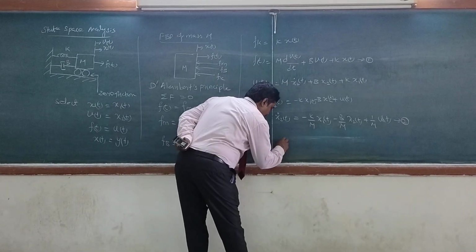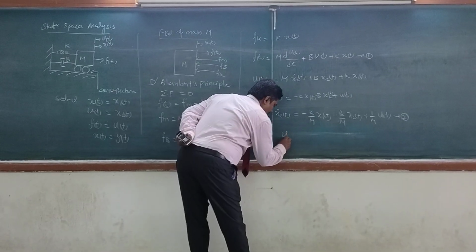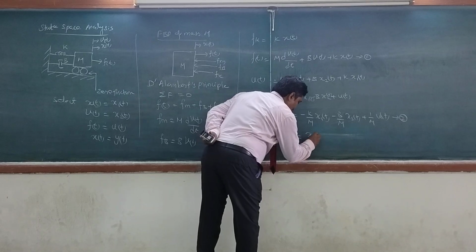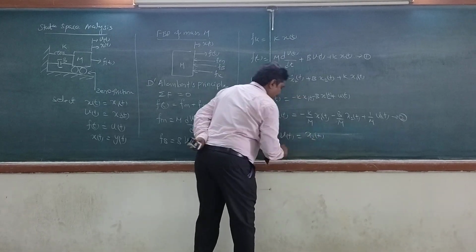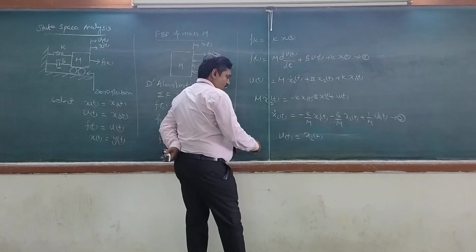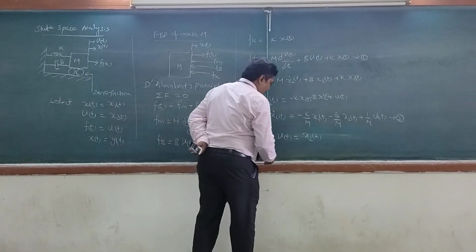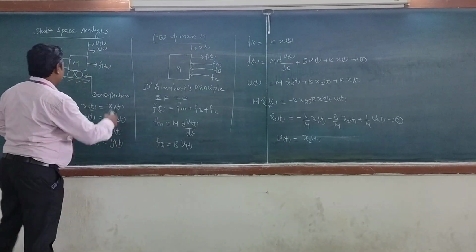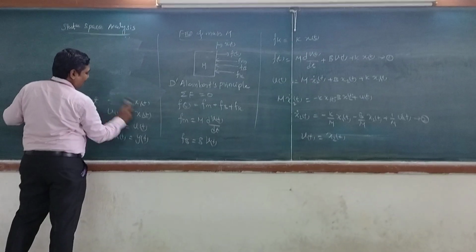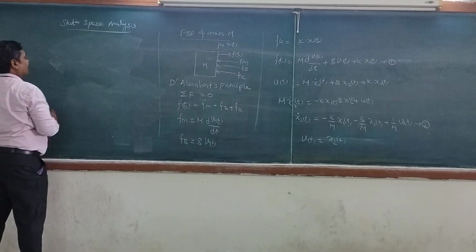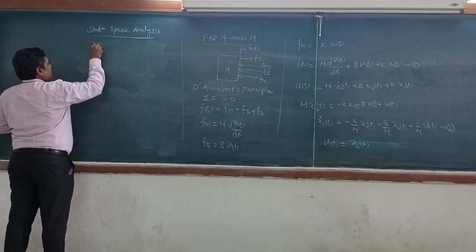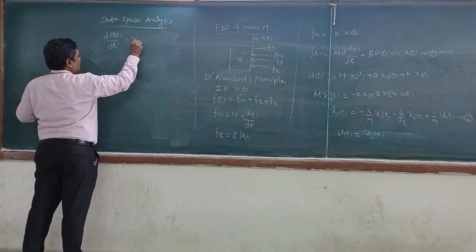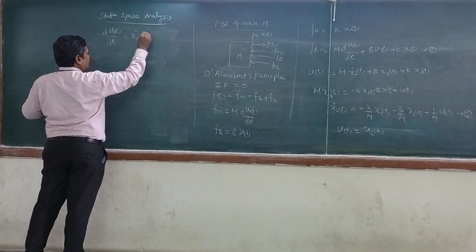Then we have taken v of t equal to x2. Now differentiate both sides with respect to time t. So dv of t by dt is equal to x2 dot.